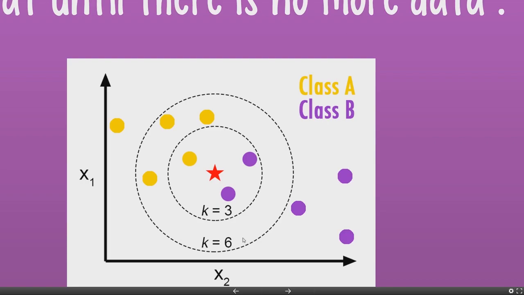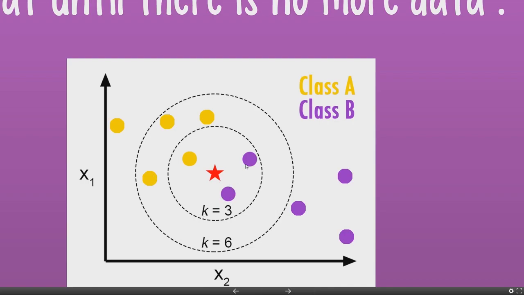Let's see another situation. The user chooses the k by himself. Let's say the user chooses k equals 6. That means we look at 6 neighbors.